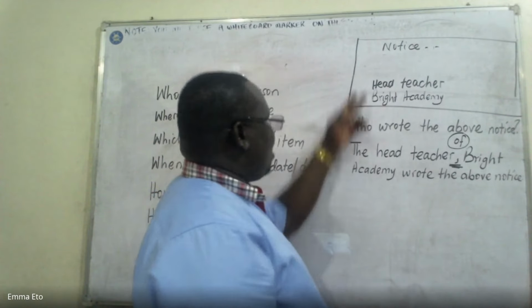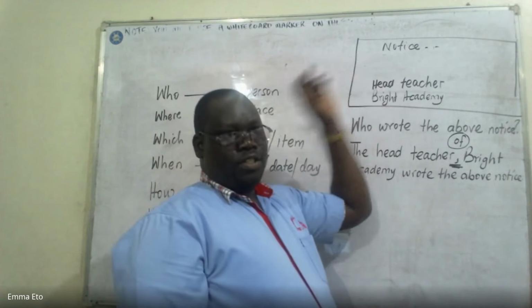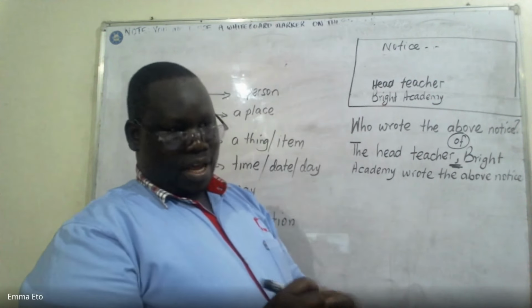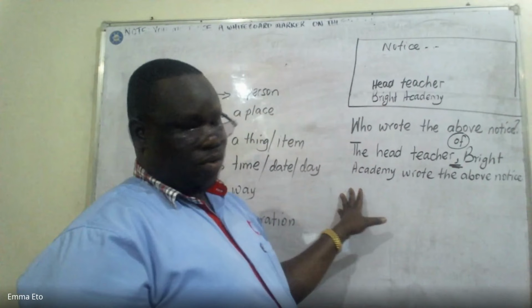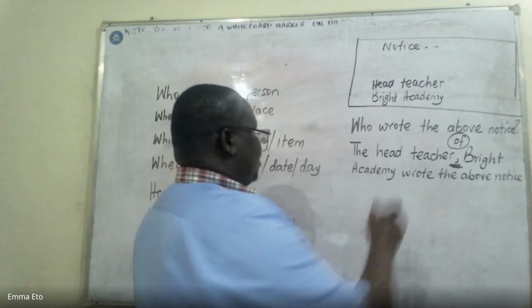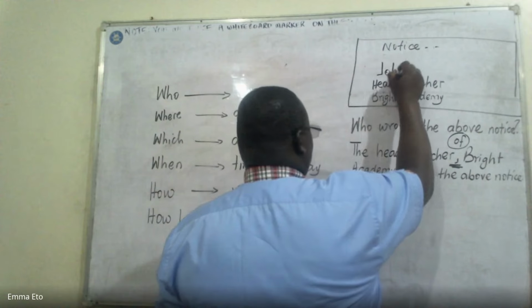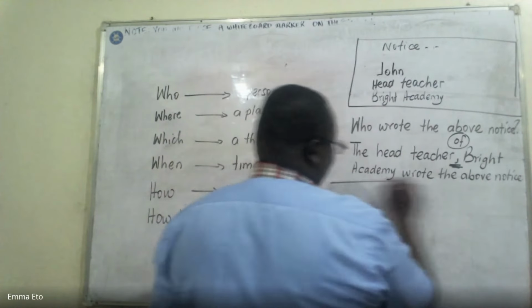Now, if I have a name here, there are those long answers which I discourage because our children may forget punctuation marks. For instance, if I have here John, then they say, who wrote?